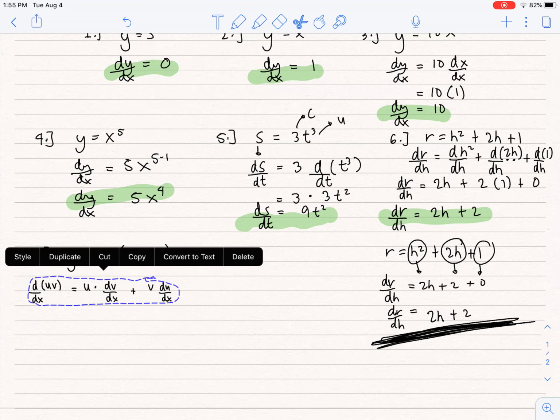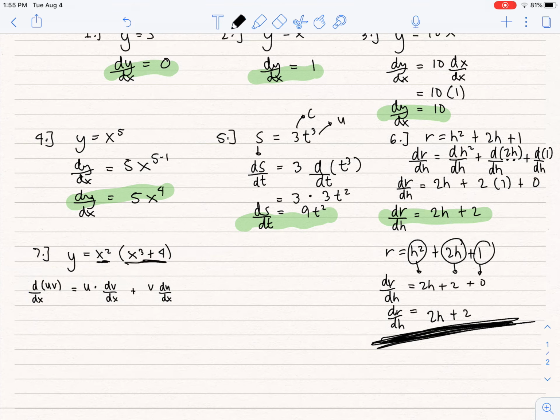Okay, so that is the formula. So, once again, we have two methods in solving this. So, let's start with product rule first. Product rule is this one. So, we are going to let this function equal to u, and then this equal to v, right?